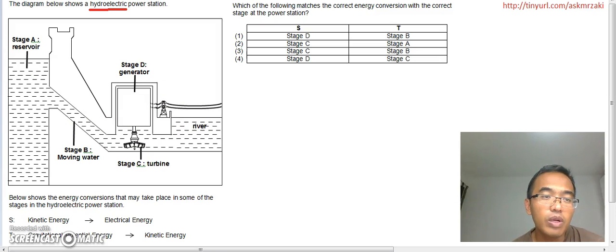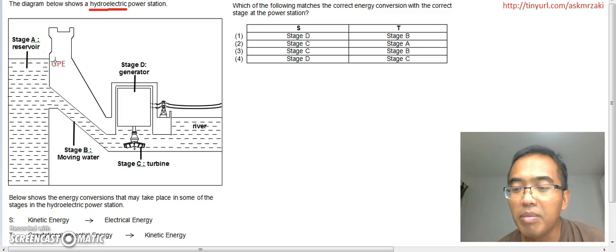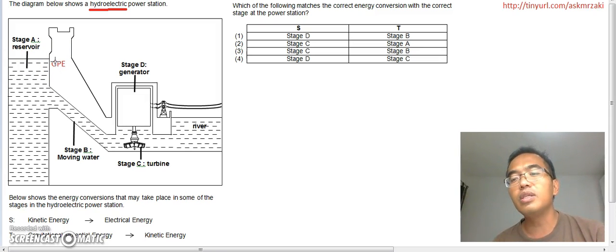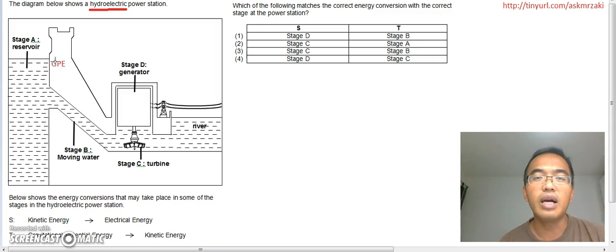Now let's see what we already know. We already know that stage A, this reservoir, brings the height of the water up higher, so that when the water is much higher, the gravitational potential energy increases. Remember that gravitational potential energy is dependent on the height of the object.